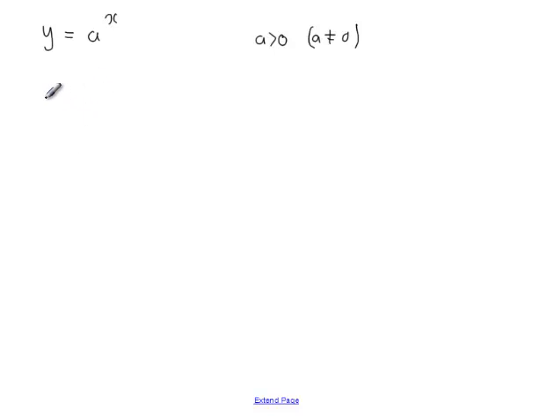Both sides here, I'm going to say ln of y equals ln of a to the x. Then I go back to the properties of logarithms. Then I say this is equal to x ln a. Be careful. This is not a function. This is a number. It's a constant.